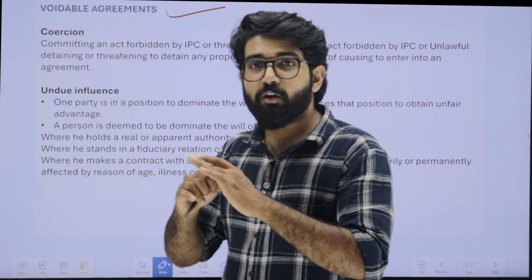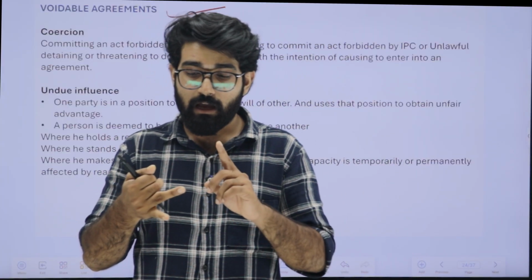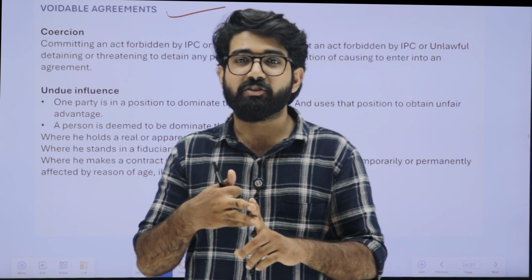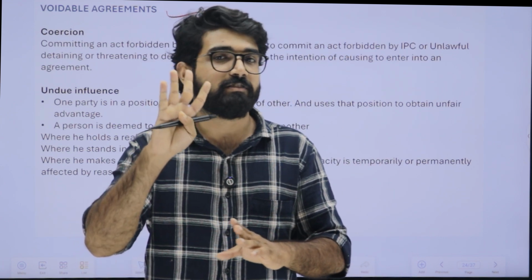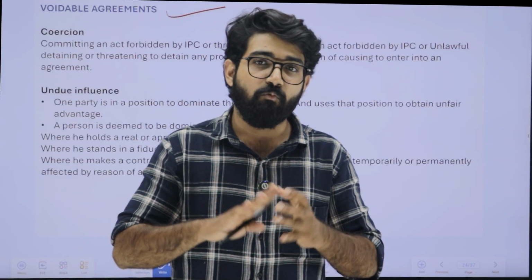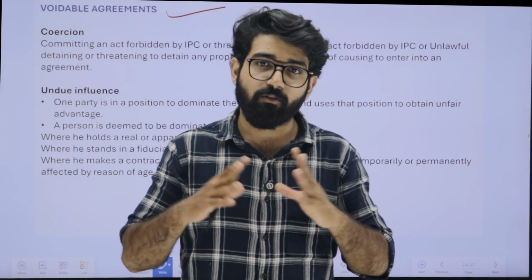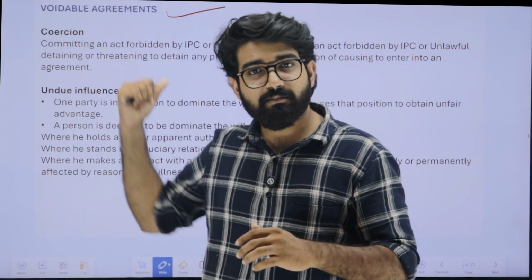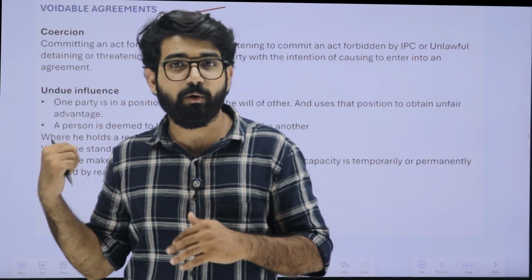So the things are coercion, undue influence, misrepresentation and fraud. Under these 4 circumstances, the contract will become voidable. That is the list we are going to look into here.